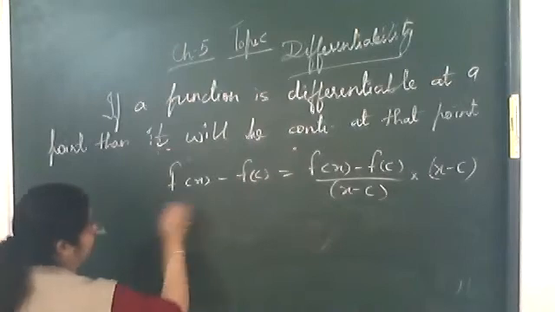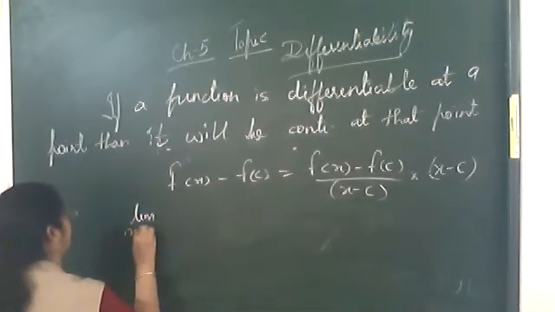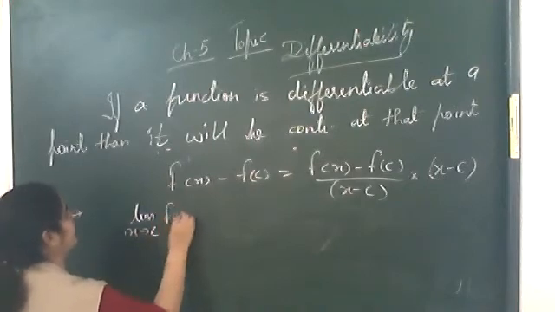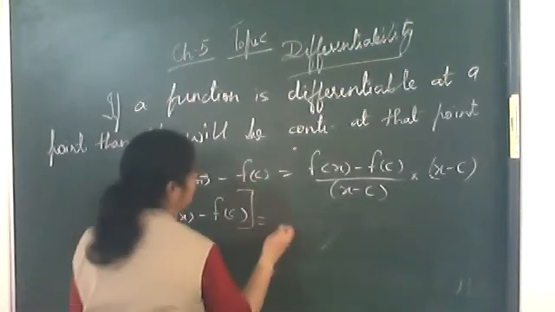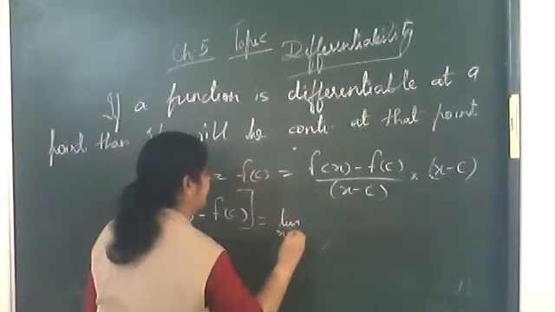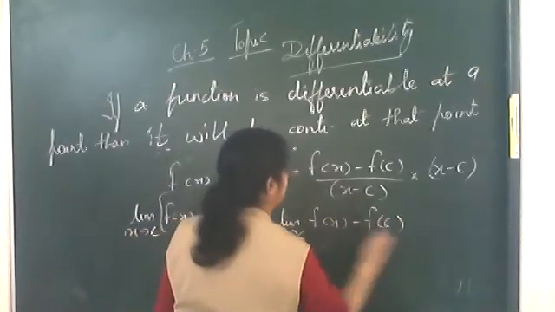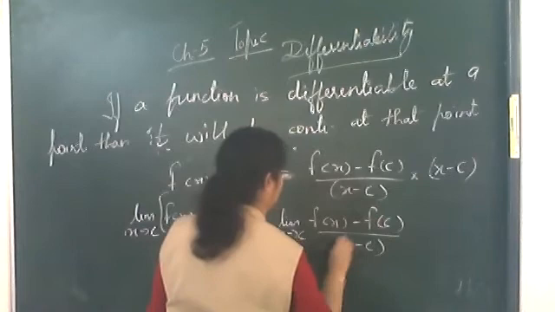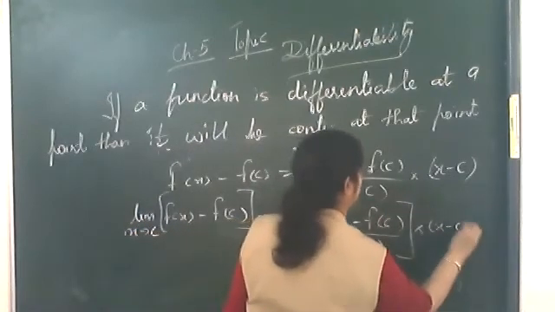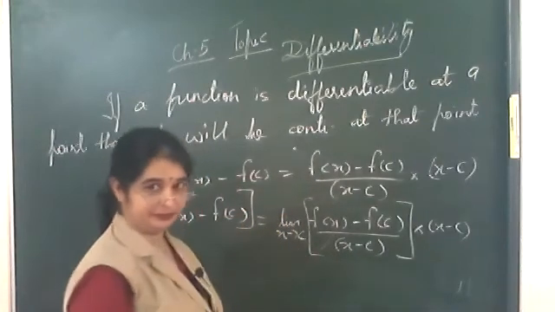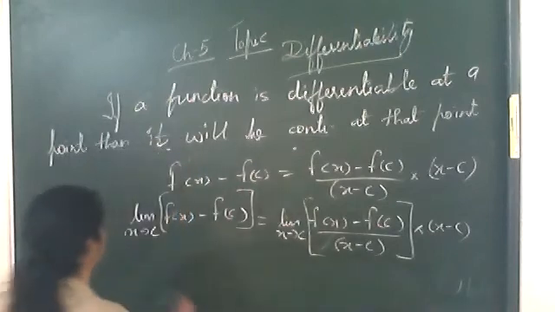Now, if we put the limit on both the sides, limit x tending to c, f(x) minus f(c) is equal to, again, limit x tending to c, [f(x) minus f(c)] upon (x minus c) multiplied by (x minus c). Can we take the limit on both the sides? Yes, we can.